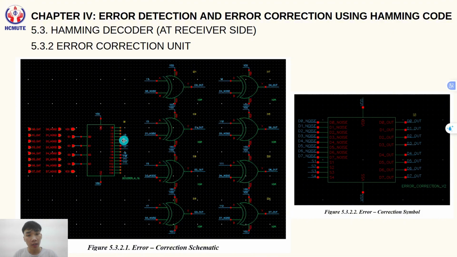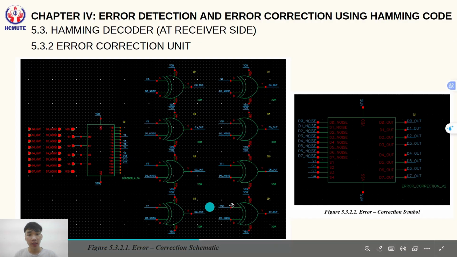And when S equals 0, E0 equals 1, indicating no error, and the other outputs are 0. But when S is different from 0, the binary value of syndrome activates exactly one output y equal to 1, indicating which data bit contains the error.